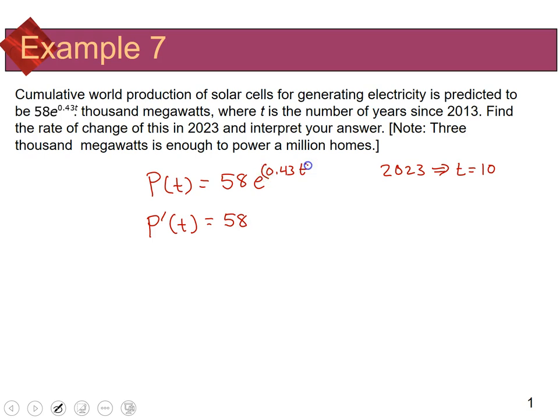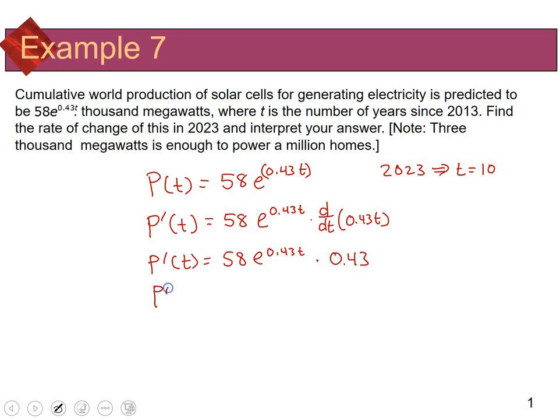Now, I do have a function of t here, so I'm just going to rewrite the exponential function, e to the 0.43t, and then do the derivative of 0.43t, which means that p prime of t is going to be 58 e to the 0.43t times the derivative of that, which would be 0.43.